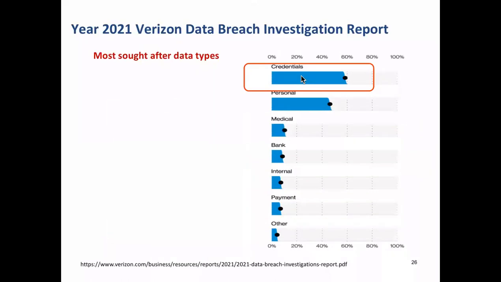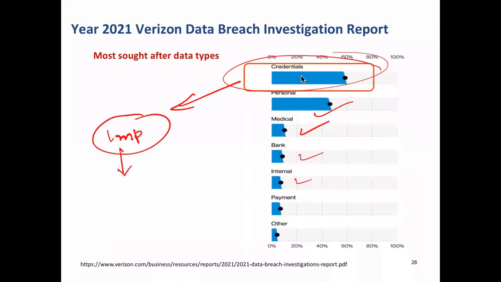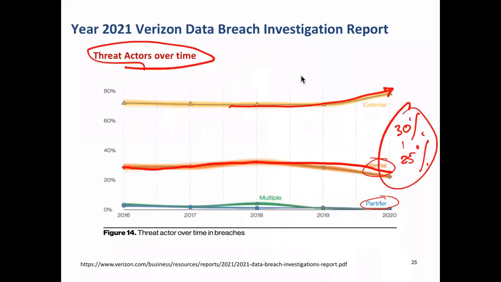It was found that in almost 60% of cases they want your credentials. Then they need your personal information, medical information, bank account, and so on. So credentials are most important. So never share your credentials with anyone, even your close friend, unless it's an emergency. Because this 30% happens because of people who are close to the victim in some sense.